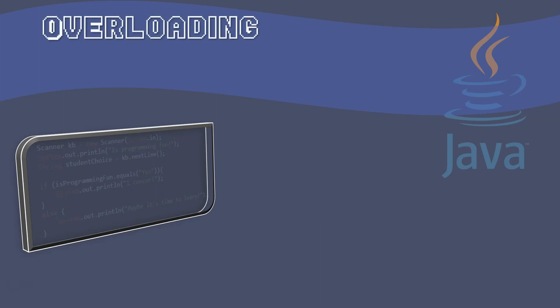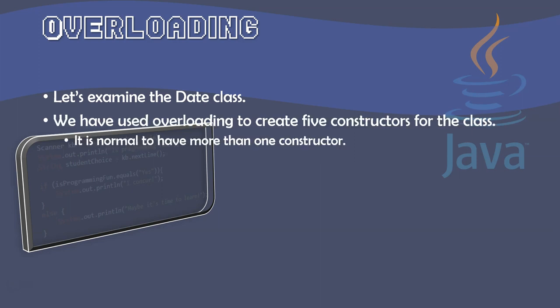Now, this is something we're going to talk more about in our next lesson, but overloading is very, very important when we're talking about constructors. Let's look at the Date class here, and we'll take a moment to look at Eclipse in just a few minutes. But in the Date class, we've been using the overloading technique to create 5 constructors for this class.